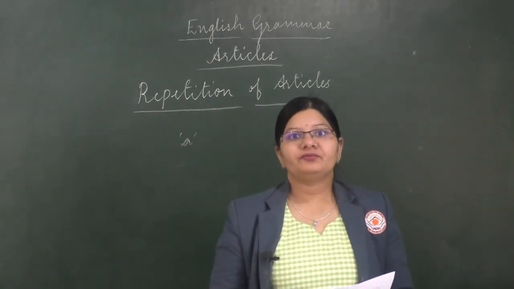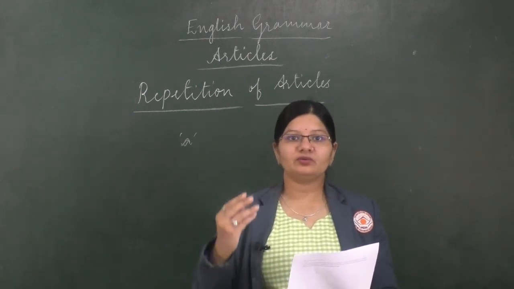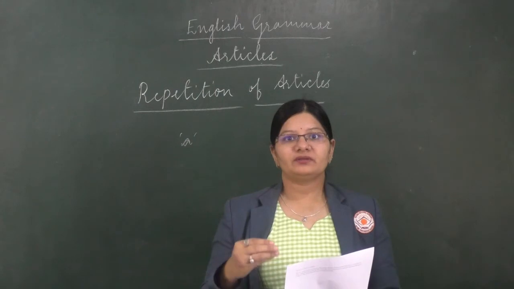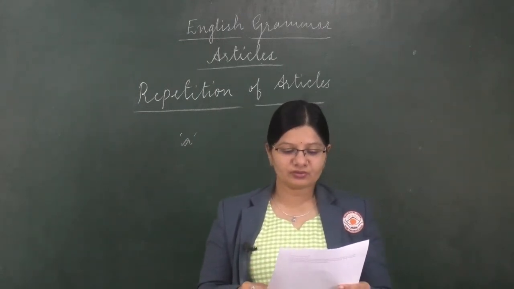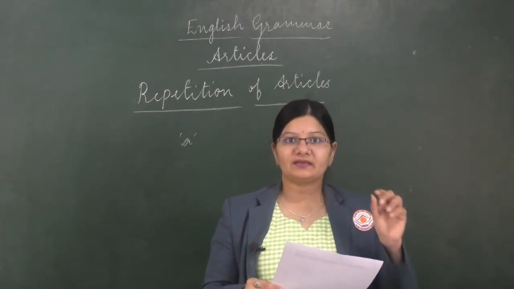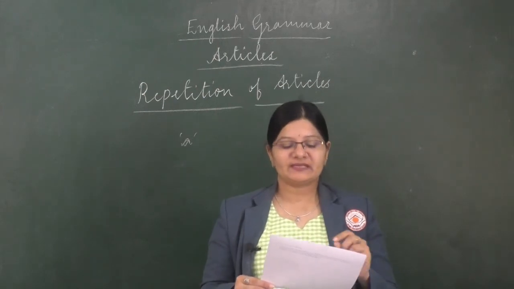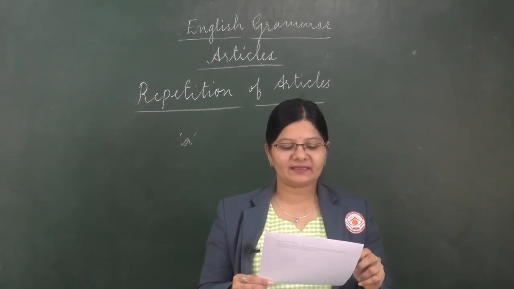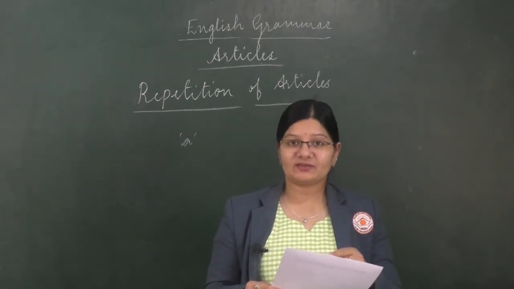Then if there are two adjectives for different nouns, you write an article before each adjective. For example, Sumit has a black and a white cat. So what does it mean?